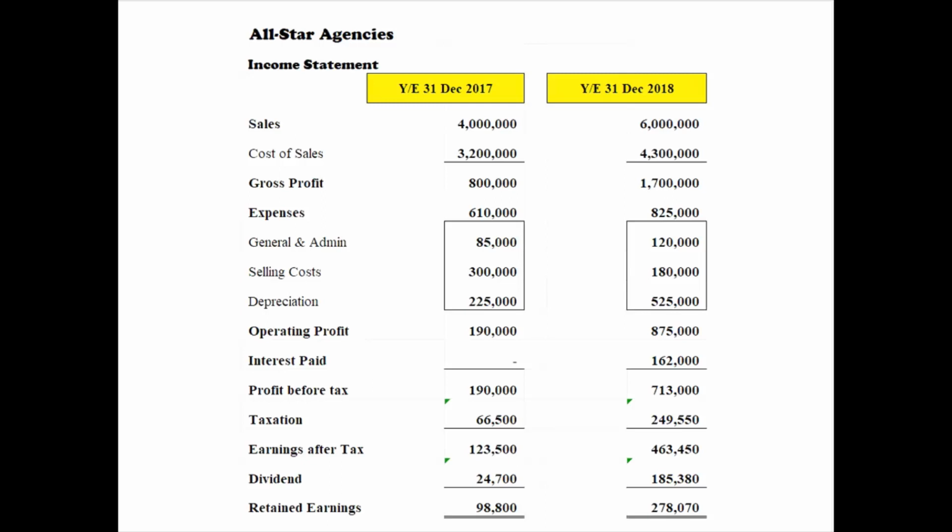And then calculate the dividend, which was 20% of these profits. So we calculate that, we subtract it, and we end up with this retained earnings number of 98,880.